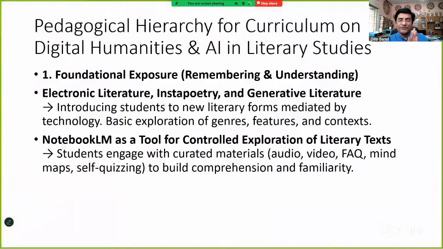That was our first foundational exposure in the pedagogical hierarchy, where electronic literature, insta poetry, generative literature, and NotebookLM as a tool for controlled exploration of literary text, audio, video, FAQ, mind map, and self-quizzing should become a part of my curriculum design.